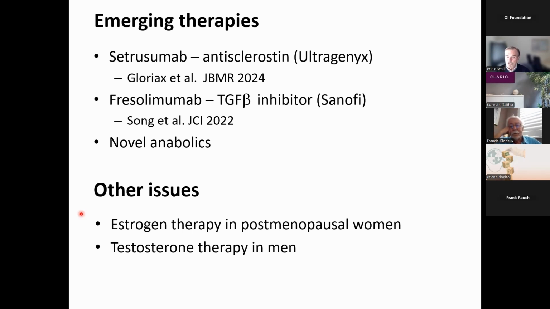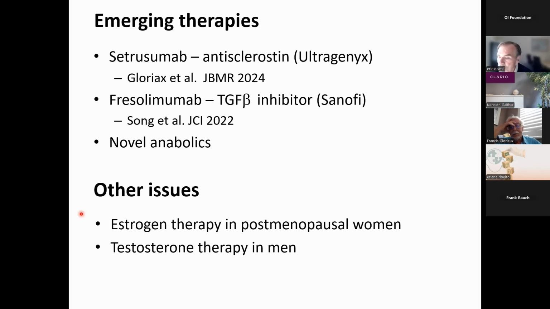So testosterone therapy and its effects on bone are very controversial in men without OI, and I think it would be premature to use testosterone therapy to improve bone strength in men with OI. But we can talk about that more in question and answer as well.